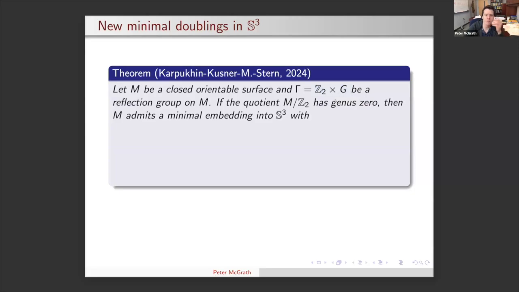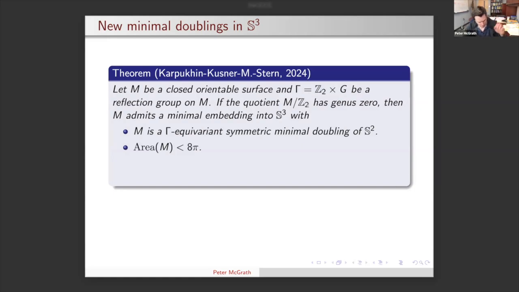If that's the case, then one can find a gamma-invariant Riemannian metric, and furthermore, an isometric minimal embedding into S3 such that M, viewed as embedded in S3, is actually a gamma-equivariant symmetric minimal doubling of the S2, which has, moreover, one or two more properties.